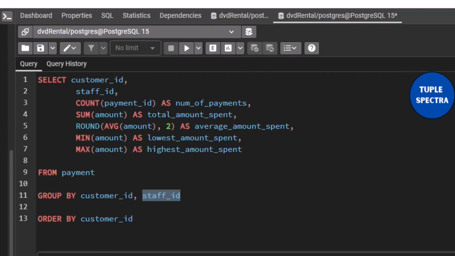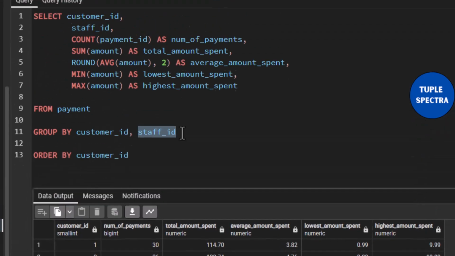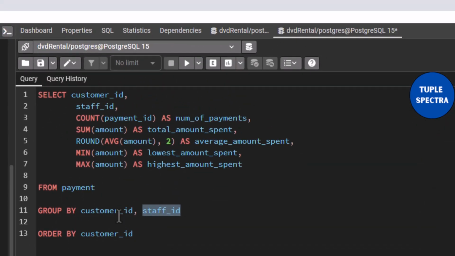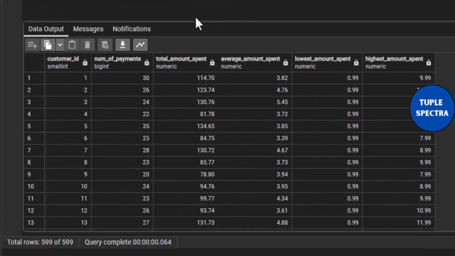Okay, if you take a look at this, we have 599 rows, but that was when we only grouped by customer ID. Now, since we want to group by customer ID and staff ID, what do you guys think? Are we going to have the same number of rows? We are likely to have more rows right here, and that is because each customer is going to be broken down.